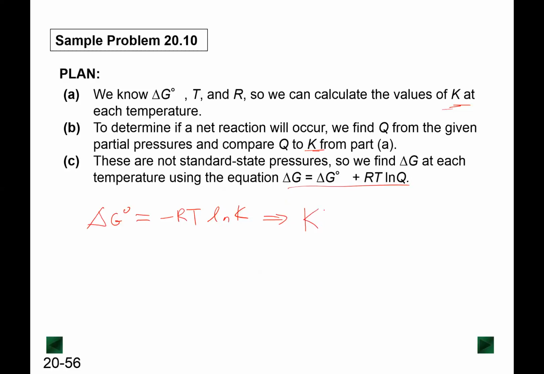So E to the natural log of K is simply K. And then what we wind up with is K equals E to the minus standard free energy change divided by R times T. So what we can do then is calculate this at each particular temperature. Let's start off with 298 Kelvin.